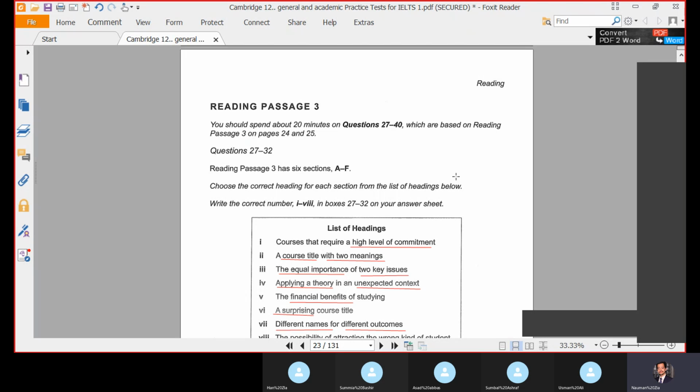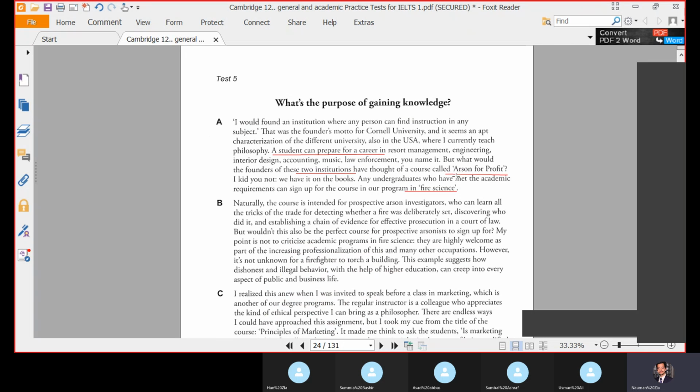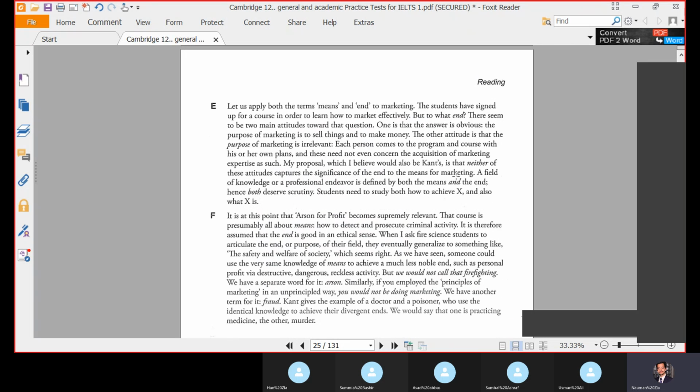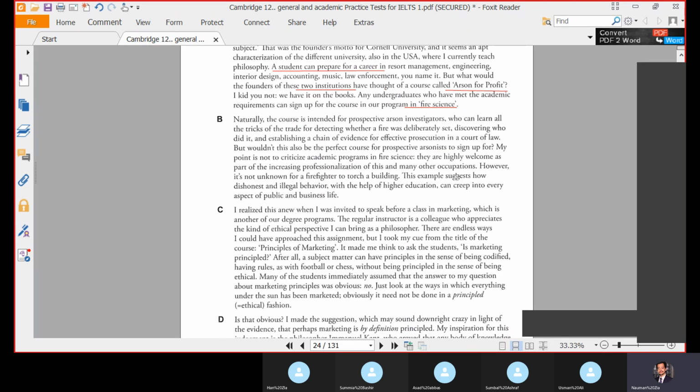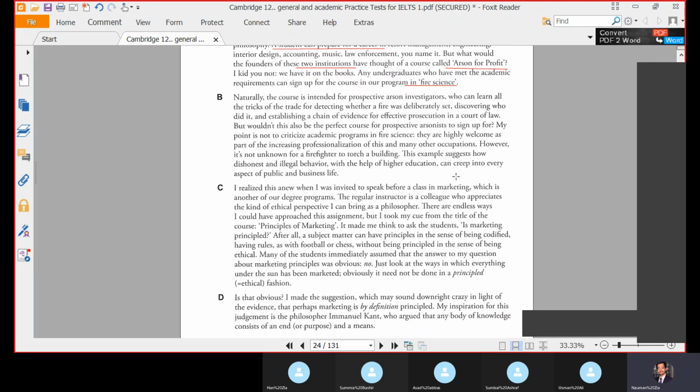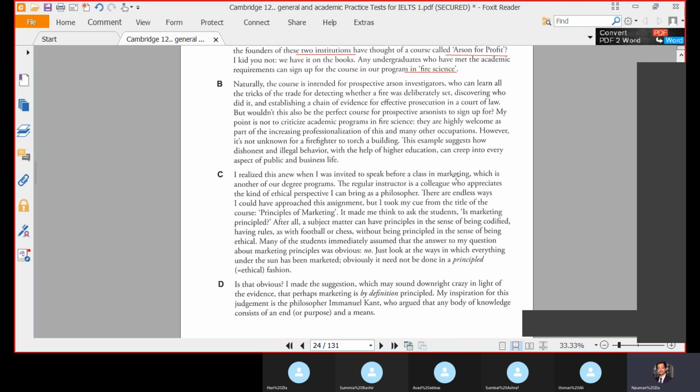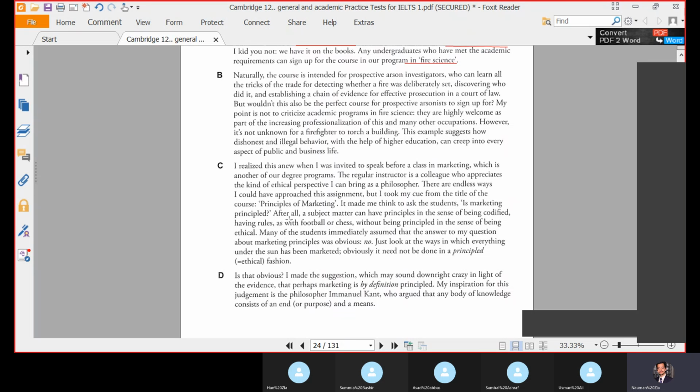Clear, everyone? Okay, moving to our next paragraph. Let me check which one is the shortest paragraph here. Paragraph D. Shortest paragraph. Let's find out if we can. I made the suggestion which may sound downright crazy in light of the evidence that perhaps marketing is by definition principled.